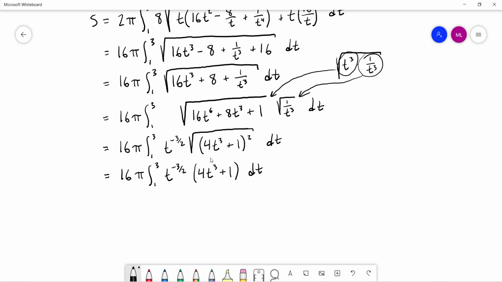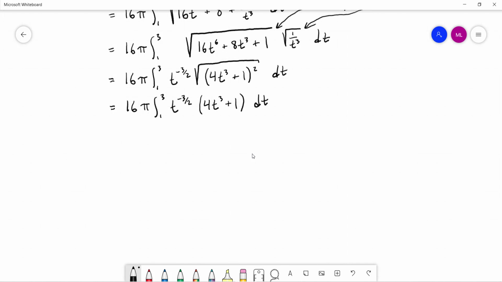So now all I need to do is basically distribute this through. And we will get 16 pi times the integral from 1 to 3 of distributing that through. I'll get 4 t cubed times t to the negative 3/2. When I multiply those together, that'll give me a t to the positive 3/2. That's what's left there.